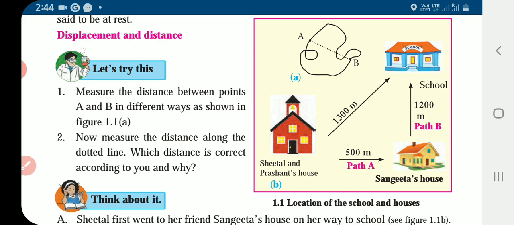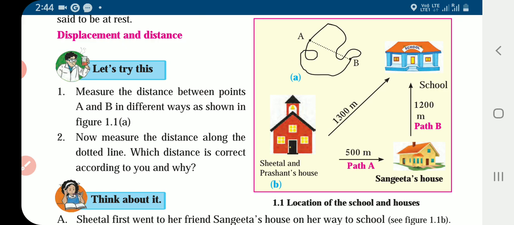Then the distance from point B to Sangeeta's house is 500 meter. Distance between point B and school is 1200 meter. Total calculated distance is 1700.